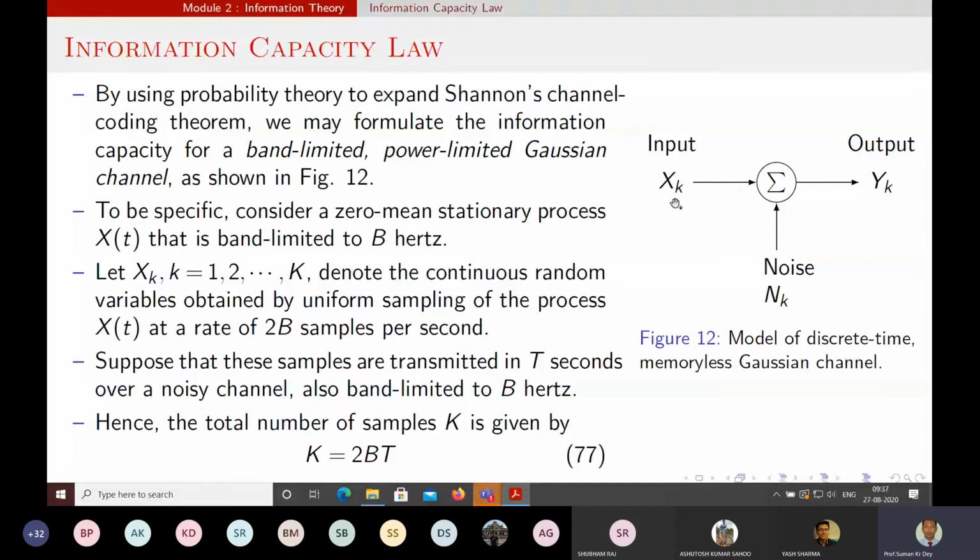So when an input x of k is passed through a channel where there is a noise n of k, the output y of k is equal to the summation of the input and noise.